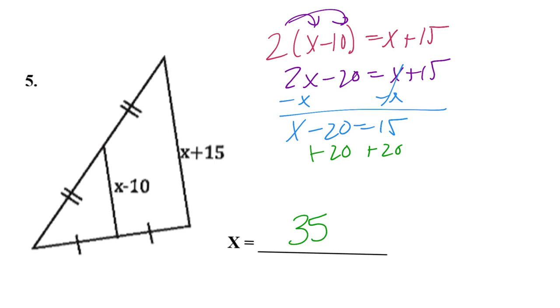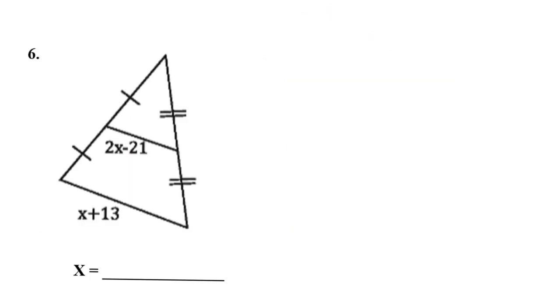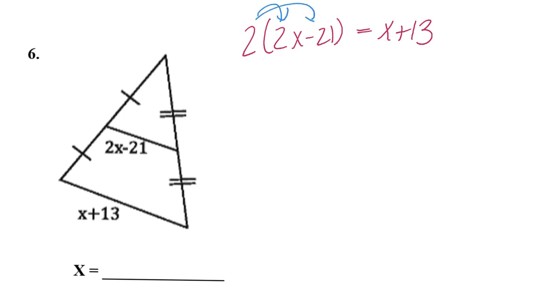Hopefully this is getting easier. Once you get it set up, it's all about solving and using those equation solving skills that we did last unit. All right, we're going to do 2 times the midsegment, so 2 times (2x minus 21) equals x plus 13. Distribute the 2. 4x minus 42 equals x plus 13.